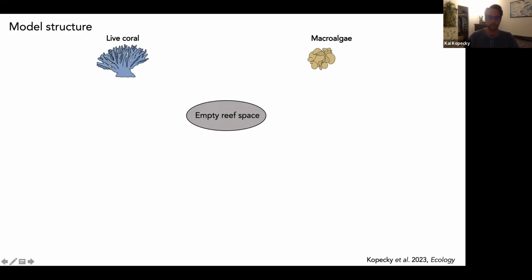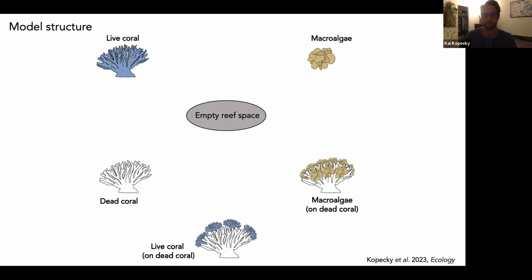But I made a couple of modifications to this. I also included an equation that captures what dead coral does on the reef and the role that it plays. And then that dead coral can actually have either living coral or macroalgae grow on top of it.